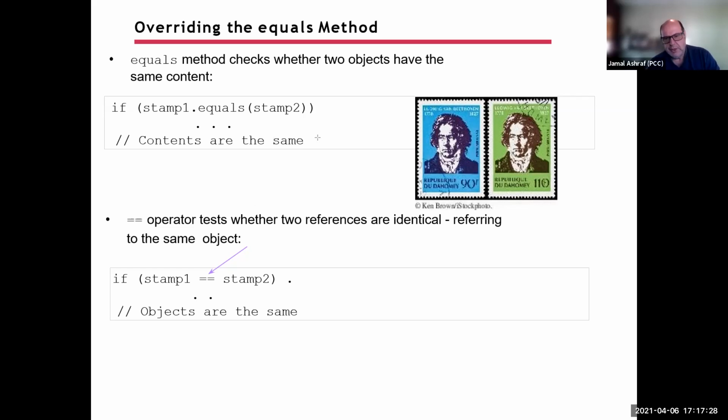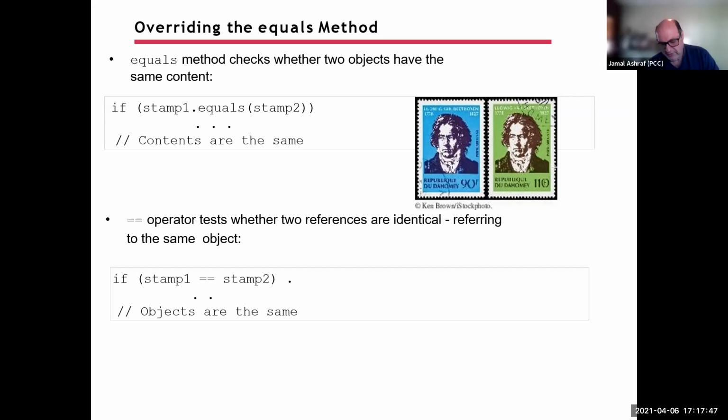I want to see if they are equal. So I'm going to be defining what's the equality for the class that I'm writing. In this case, we have a stamp. So when I say one stamp is equal to the other one, what is it that I am checking?